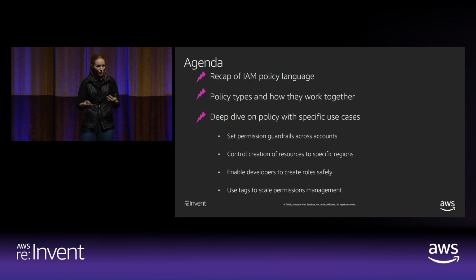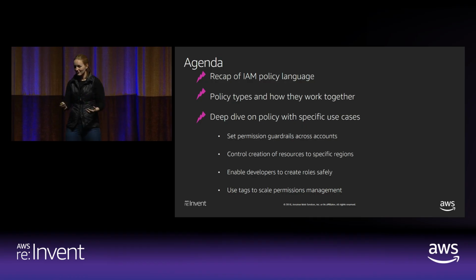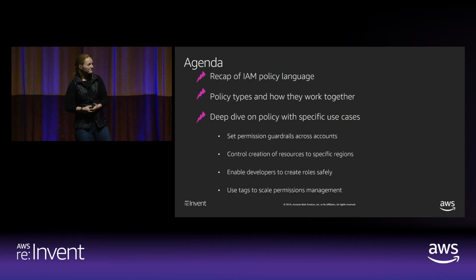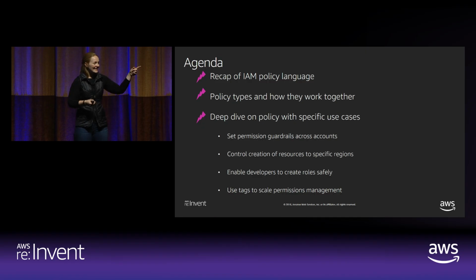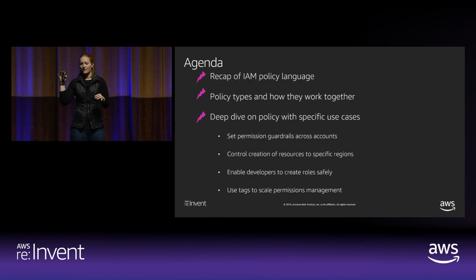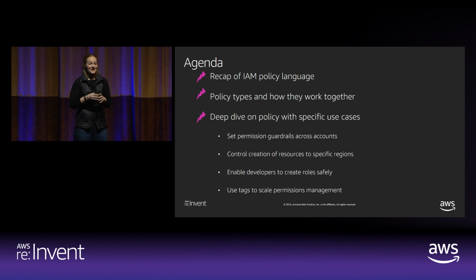There will be some question answers that I want you to be prepared for. And then at the end, we're going to go through a deep dive on specific use cases. So how many of you manage more than one AWS account? Yes, good on you. And it's hard, right?